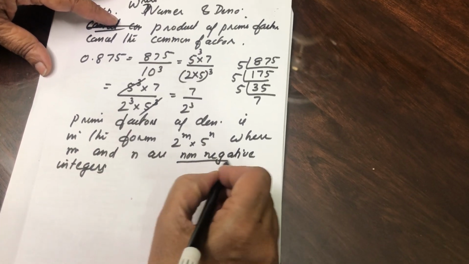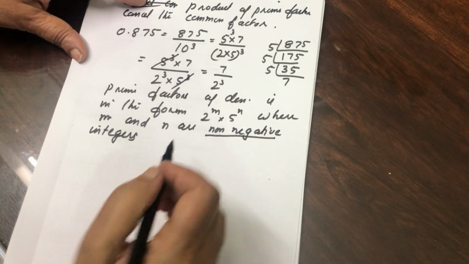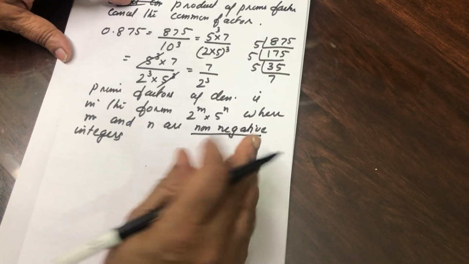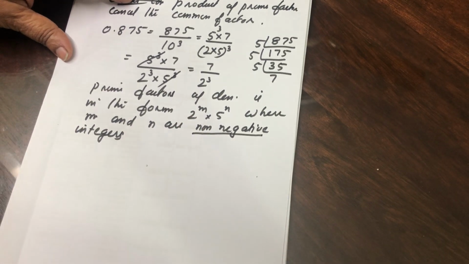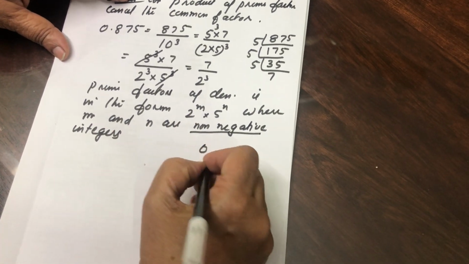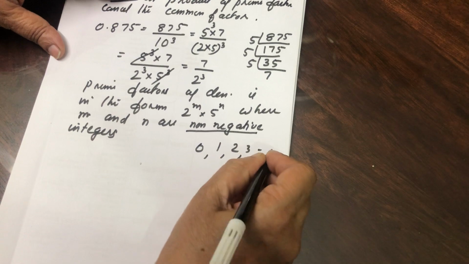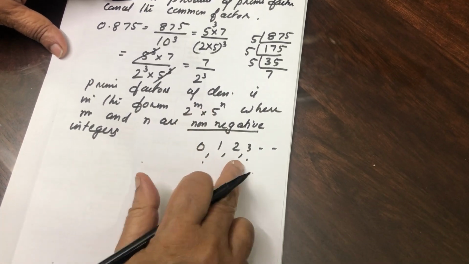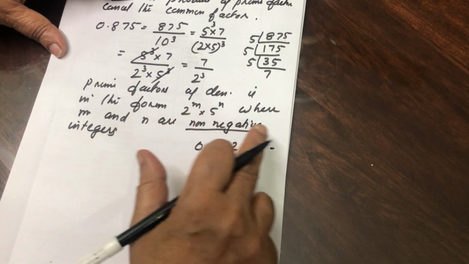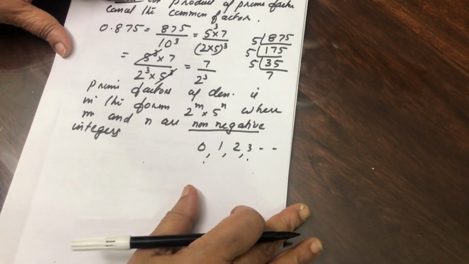What do you mean by non-negative integers? Non-negative integers are in the integer group, don't take the negative. That means it will become 0, 1, 2, 3, etc., the whole numbers. The power of this 2 and 5 should be any whole number, 0, 1, 2, 3, not the negative integers.